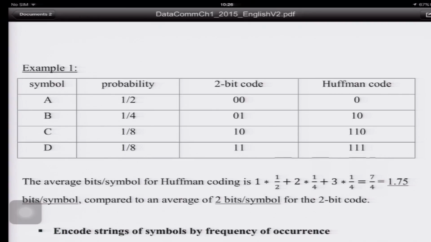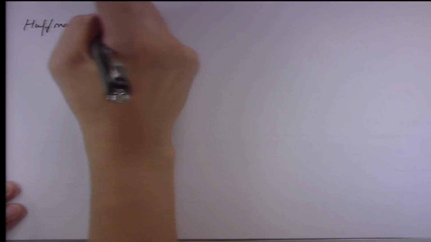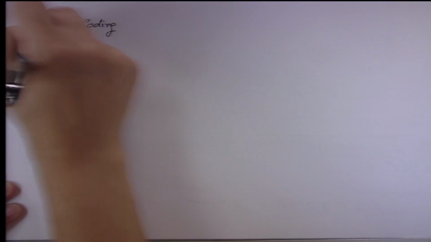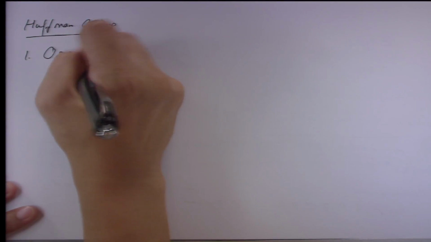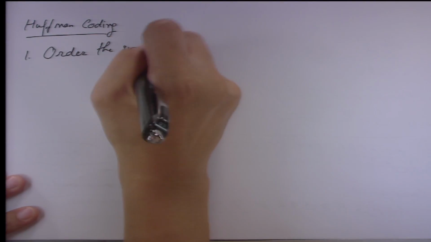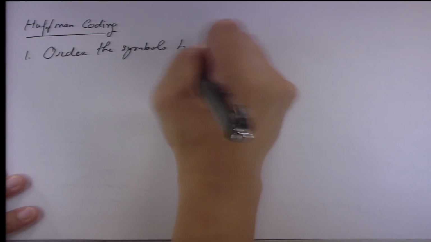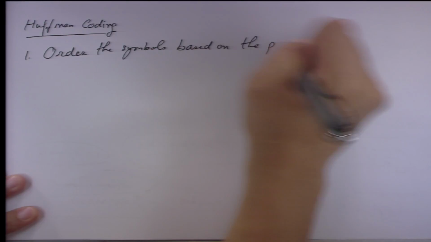This is the method of how to find the Huffman code when you have the probability distribution of a set of symbols. First, you order the symbols based on the probability.